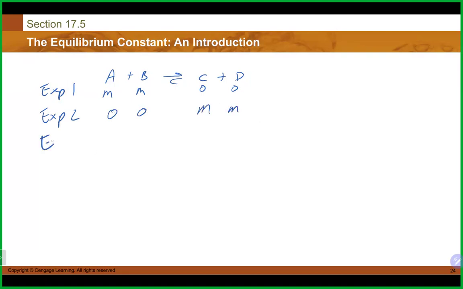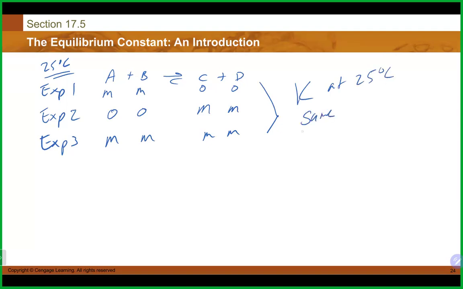Then maybe we did experiment 3, and we had some reactants and some products to begin with. If you did all three of these experiments at 25 degrees Celsius and you calculated the K value for each of those, they all should be the same.